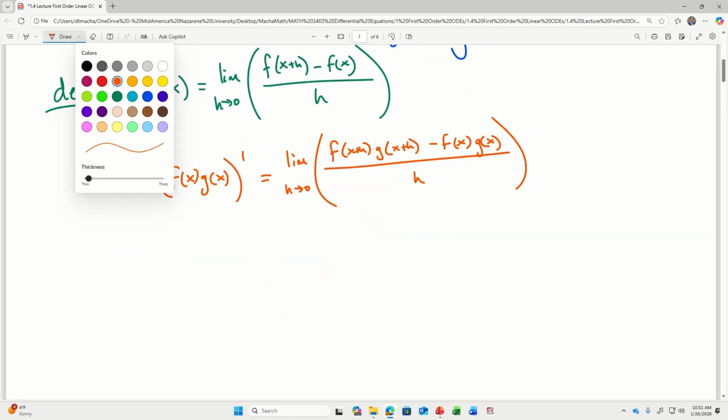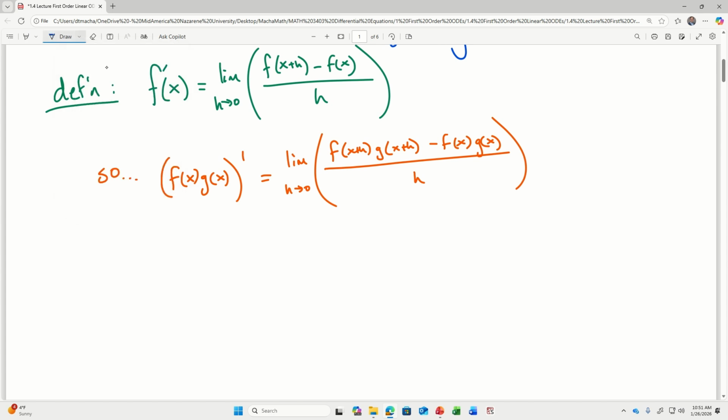And the trick is, I would have never known what to do from here if I hadn't already seen it done. So it's one of those tricks where you just got to remember this one line in the proof.